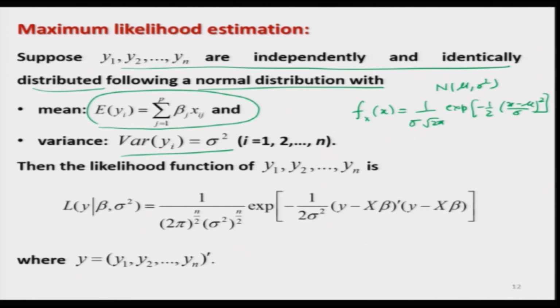Now we are trying to write down the likelihood function. We have to write down the joint probability density function, and because we are assuming that they are identically and independently distributed, I can express them in the form of random vectors and matrix notations, right.